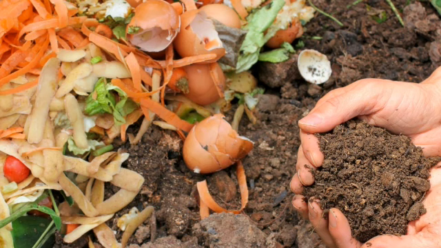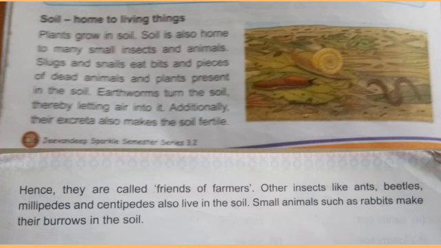Now I read the next part. Soil, home to living things. Plants grow in soil. Soil is also home to many small insects and animals. Slugs and snails eat bits and pieces of dead animals and plants present in the soil.